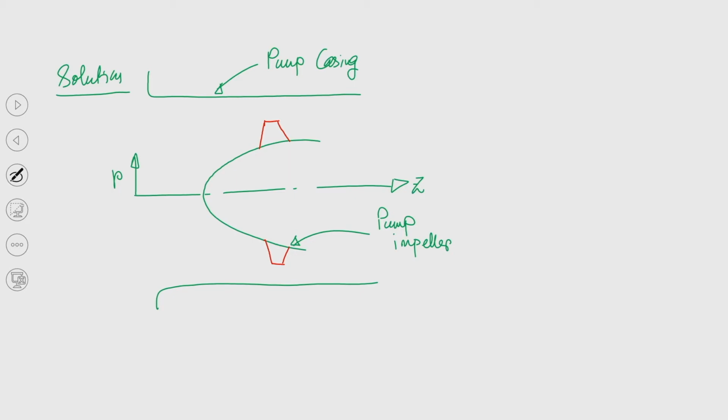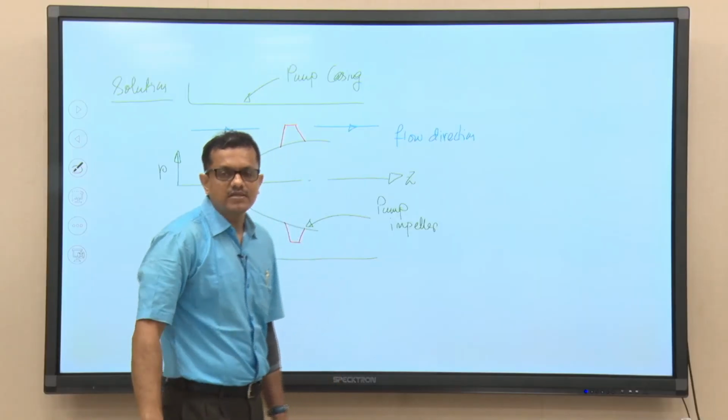Now this is the flow direction. We have also discussed radial equilibrium, and that is very pertinent in the context of axial flow pump operation.